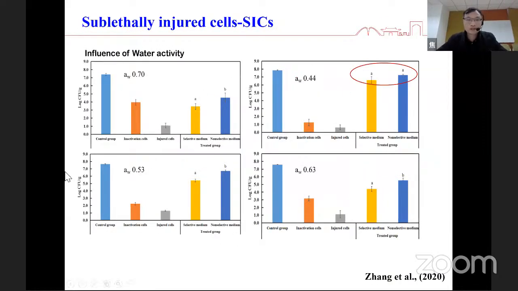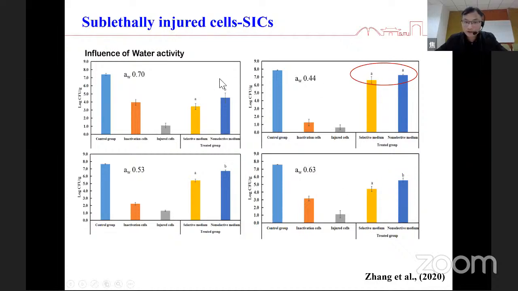So we compared this across different initial water activity levels and saw whether or not there were sublethally injured cells. And we found that, except at the extremely low water activity level of 0.444, at this extremely low moisture level there are no sublethally injured cells.